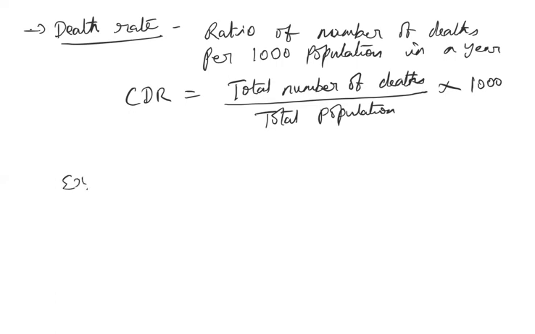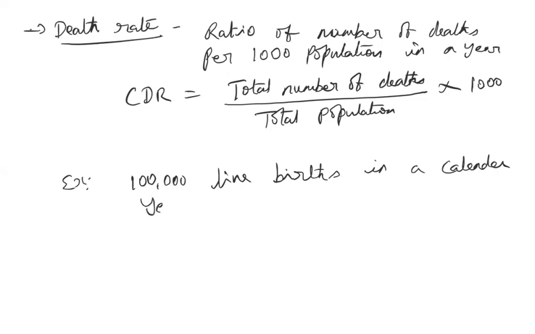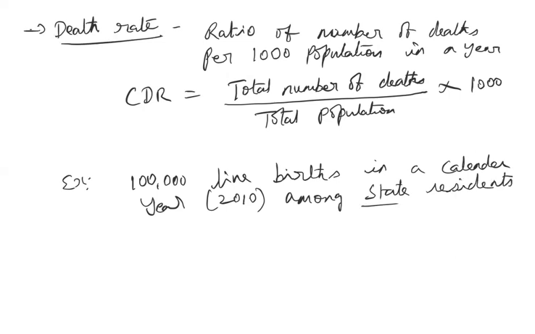See, for example, if a particular locality is having 100,000 live births in a calendar year, let us take it as 2010, among the state residents, that is the total residents, the estimated population.